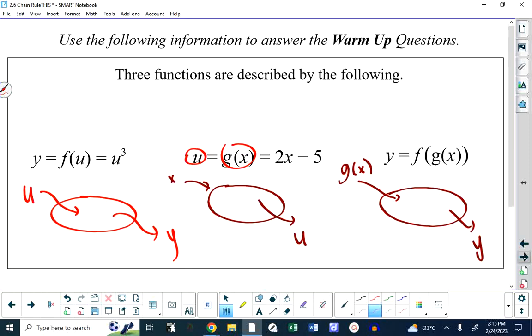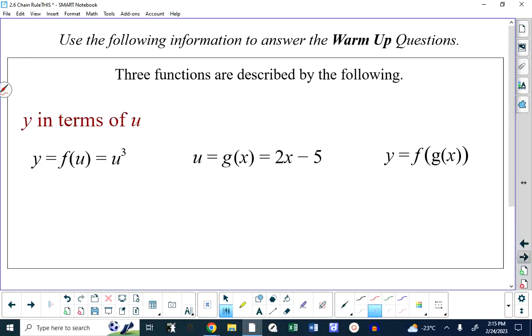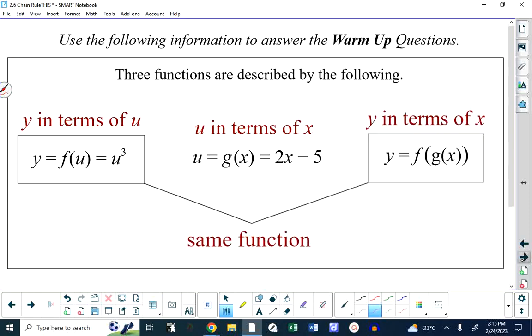It's just that I'm saying u is going in one and g of x is going in the other, but they are the same. So this is y in terms of u, this is u in terms of x, and this is y in terms of x. And again, these two are the same, really. They're the exact same function, just looked at slightly differently.